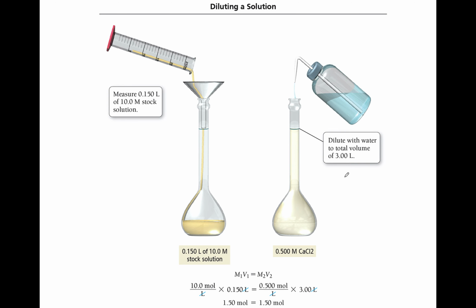Another place you've seen this is in dilutions. Okay, so right away, dilutions, you should be thinking C1 V1 equals C2 V2. And if you're in molarity, then this concentration, C, becomes M1 V1 equals M2 V2.